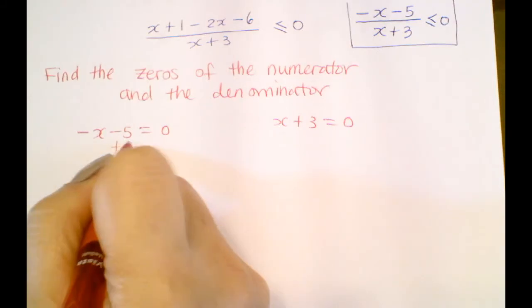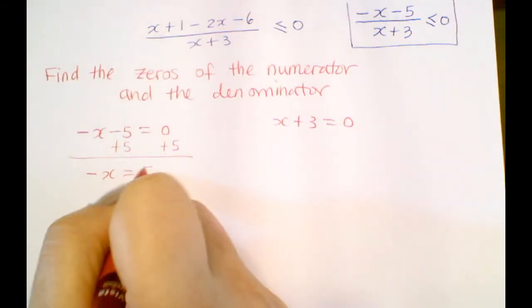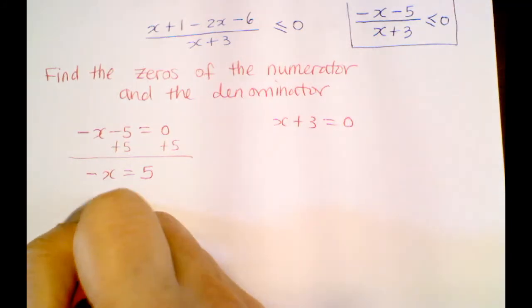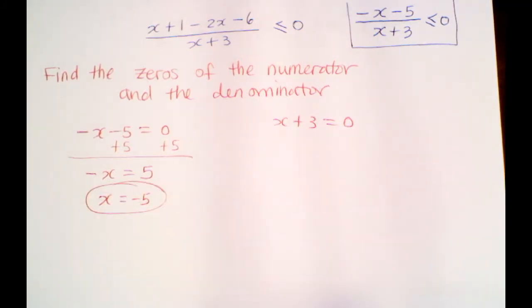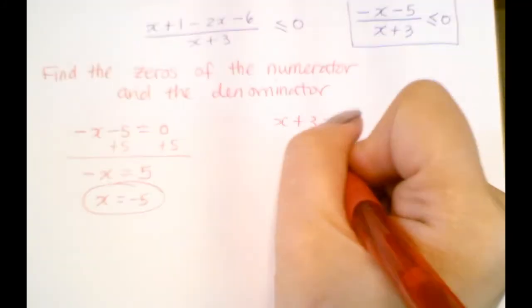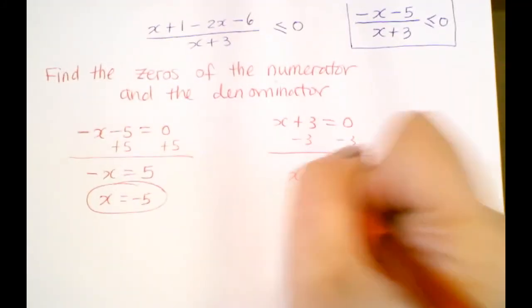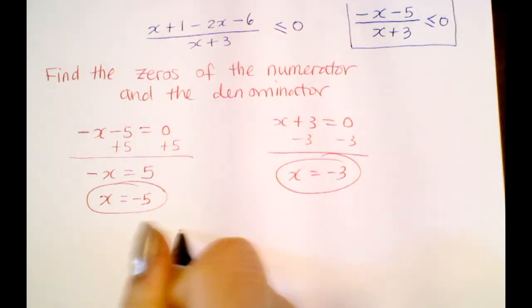If I add 5 to both sides on this one, I'll get negative x equals positive 5. That means positive x equals negative 5. That's my first zero or boundary point. Let's do the other one. Subtract 3, x equals negative 3. These are the 2 points that I will graph on my number line.